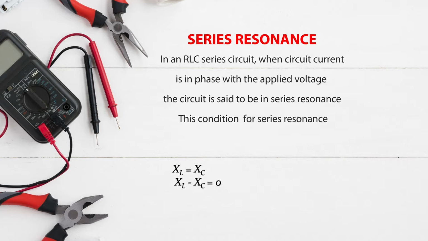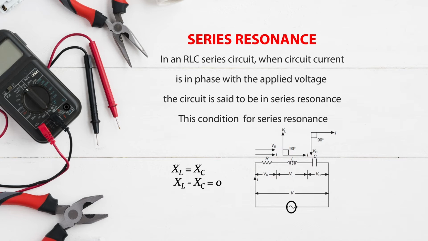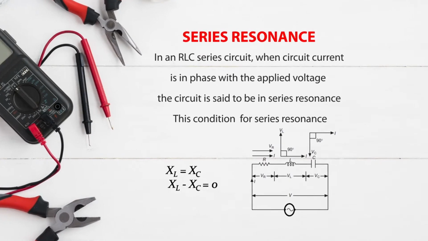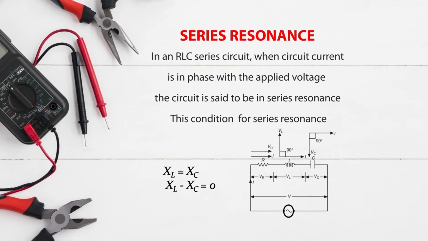Here you can see in the diagram that there are three components, that is resistance, inductance and capacitance, connected in series, and there is one voltage source connected across these three components.